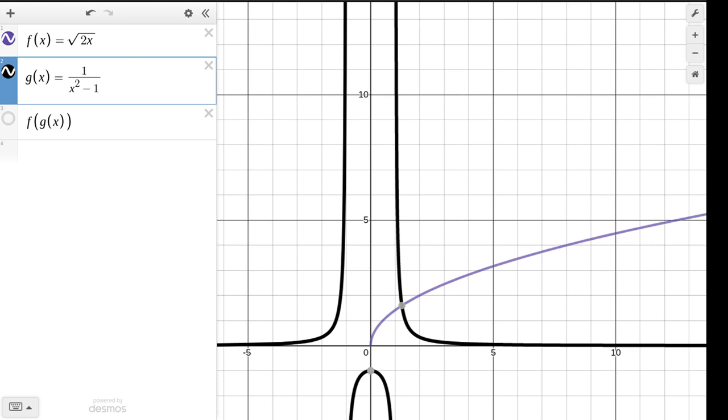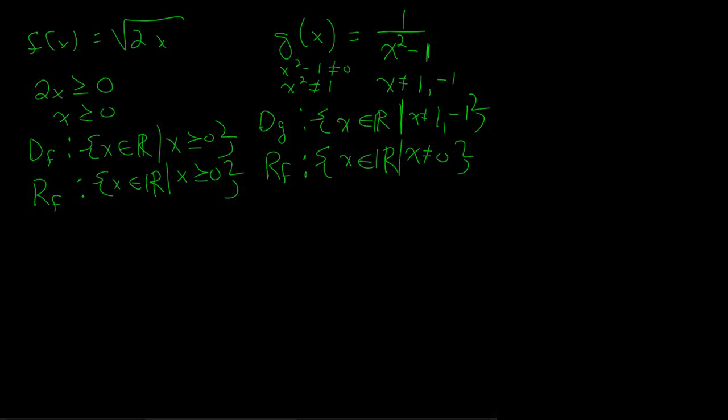All right, let's pull through here, switch over to the blackboard. All right, so we have our idea of our domains and ranges of these functions. So let's look what happens when I take f and I compose it of g. So f composed of g.